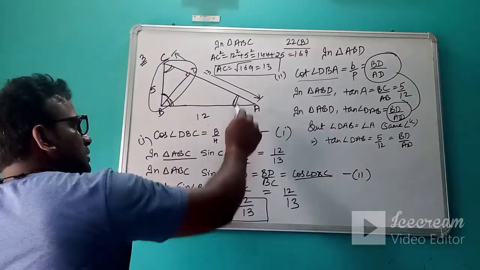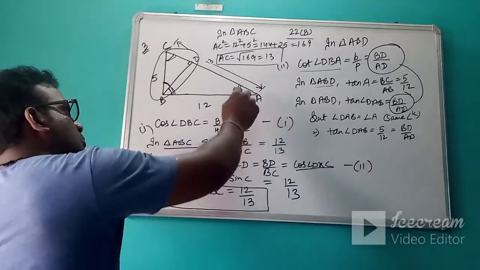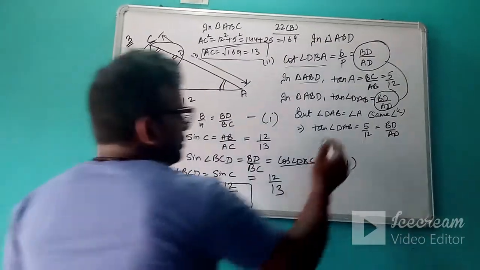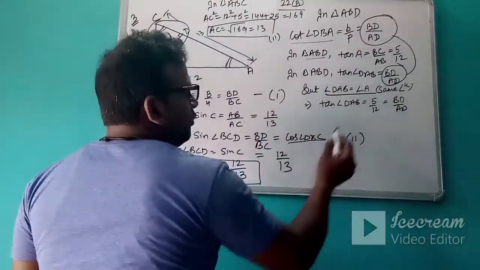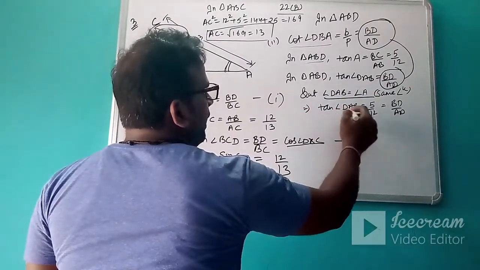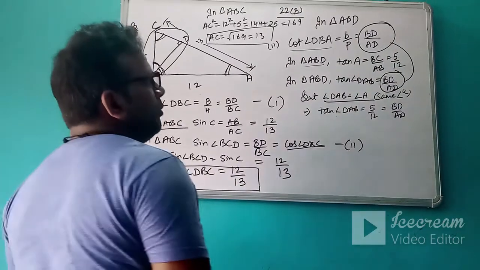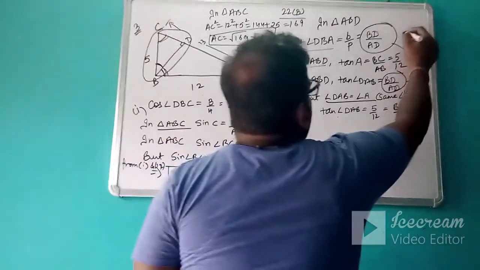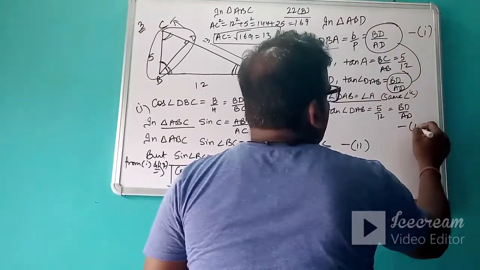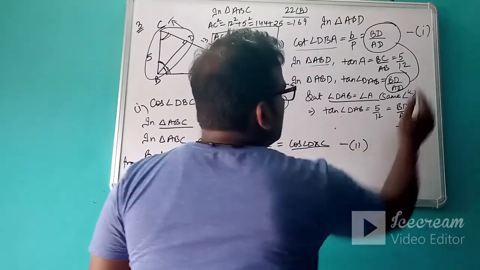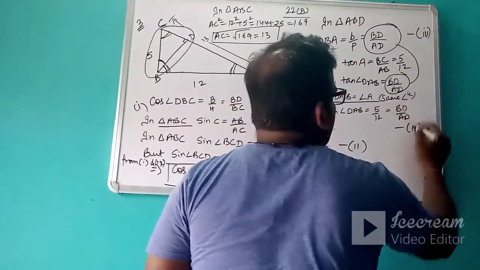Since, again like in the previous part, these two angles are the same, we can write that tan of angle DAB is equal to 5 upon 12, or BD upon AD. So let it be third and let it be fourth.